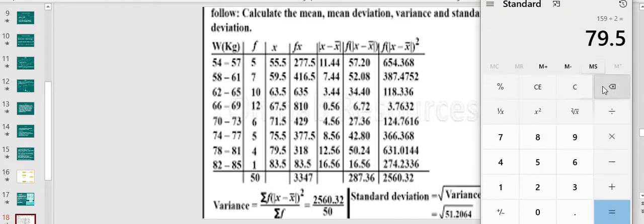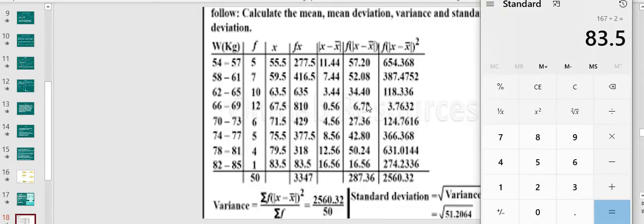Now the last one, 82 plus 85, divided by 2, is equal to 83.5.